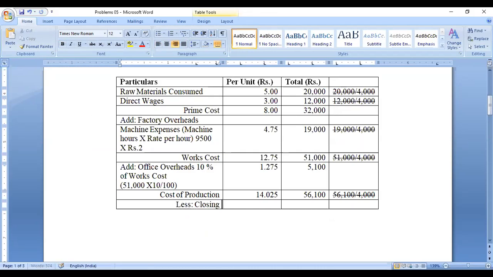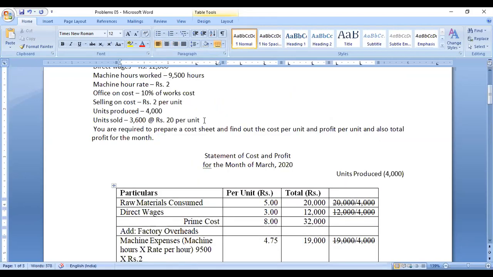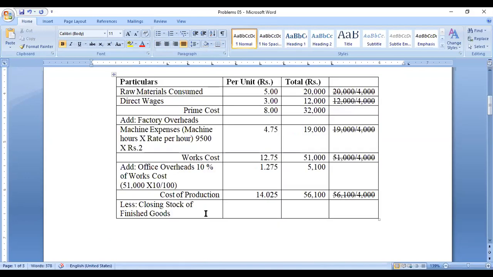The closing stock of finished goods is not directly given in the question, but we can understand it from two pieces of information. Units produced are 4,000. All the units are not sold out, only 3,600 units. That means 400 units is the closing stock.